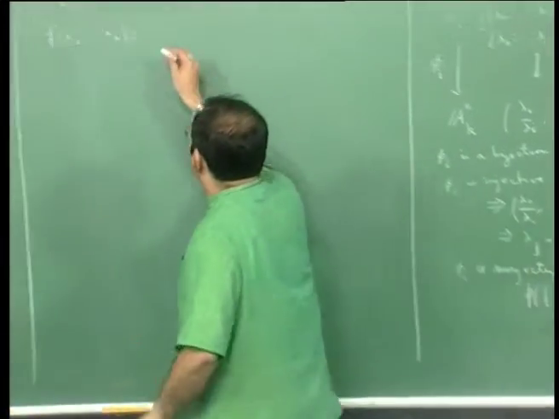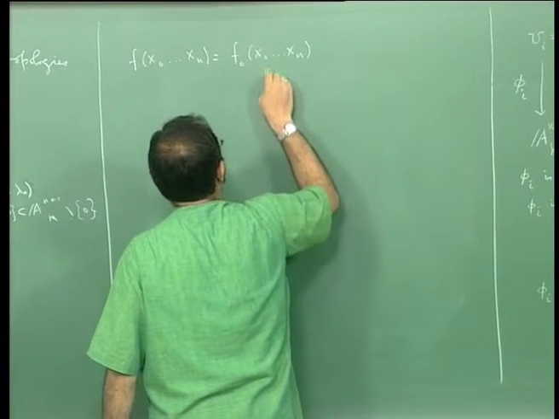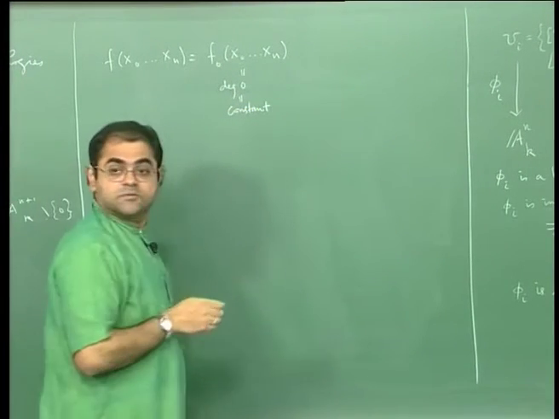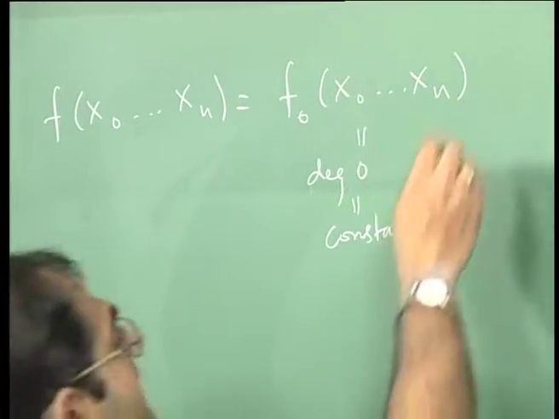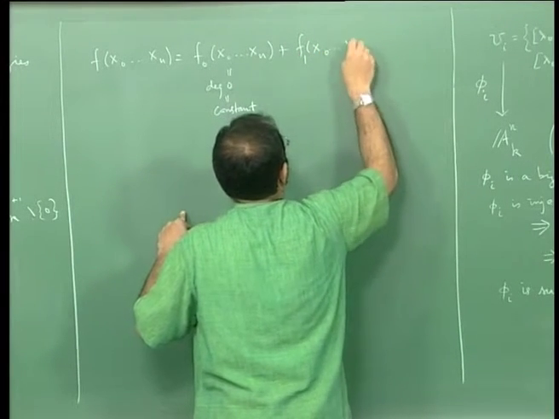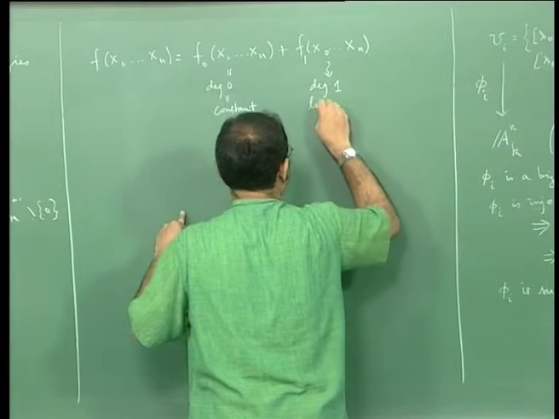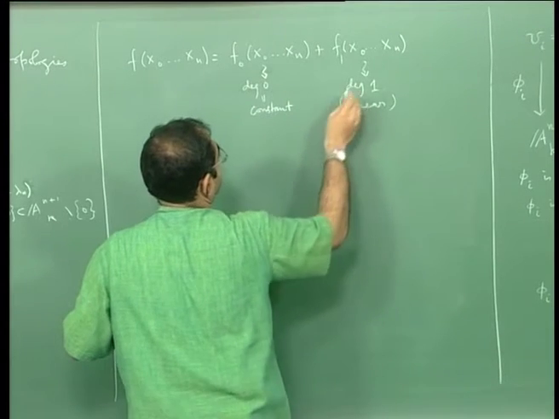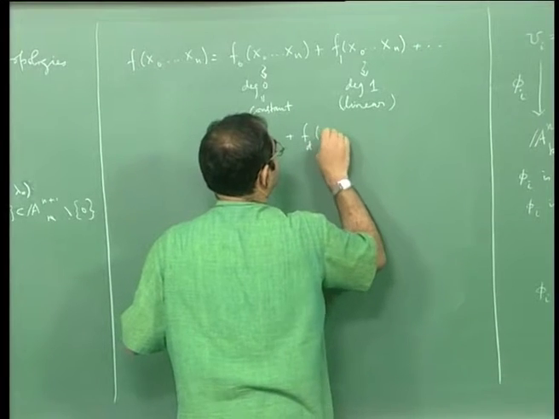So the polynomial breaks down into f naught of x naught through xn, which is degree 0, so this is actually a constant, the constant term of the polynomial, which is what you get when you put everything 0, plus f1 which is the degree 1 term, the linear term, and I will go on like this until I get fd, the degree d term.